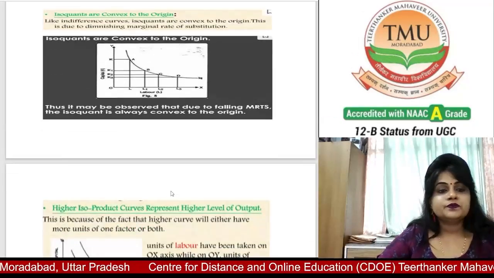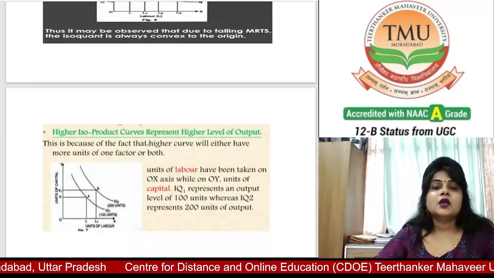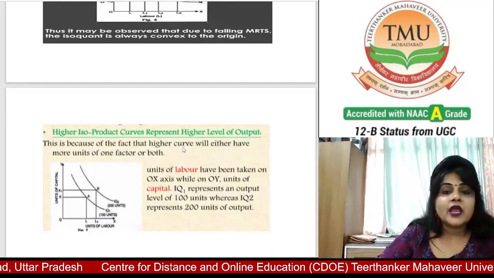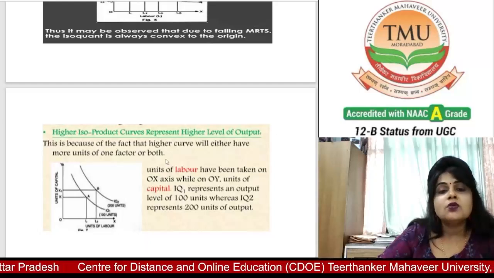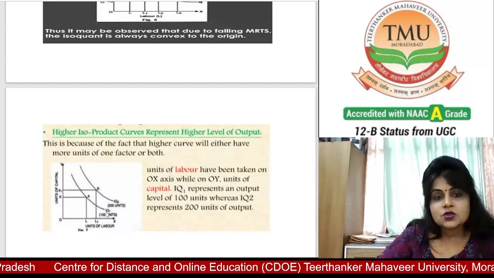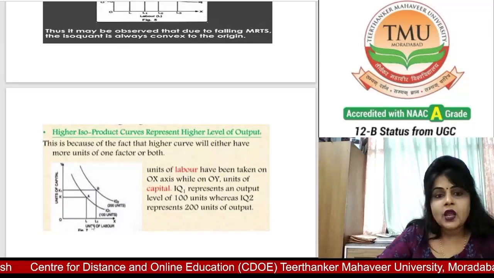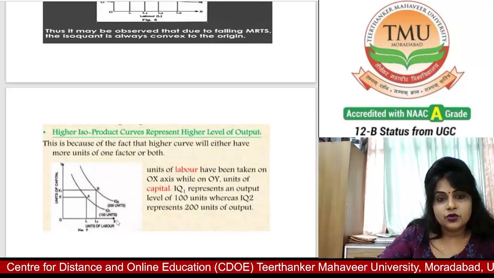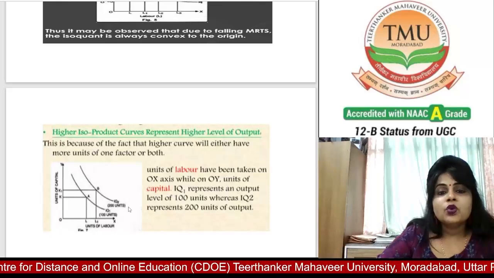Now, next, higher isoquant curves represent higher levels of output. This is because a higher curve will have more units of one factor or both. You see here on the first isoquant, the producer uses OK capital and OL labor, and with this combination he gets 100 units, and on isoquant Q2 he gets 200 units.